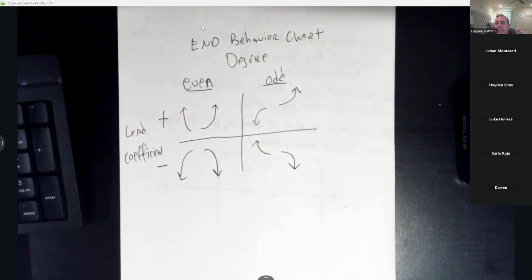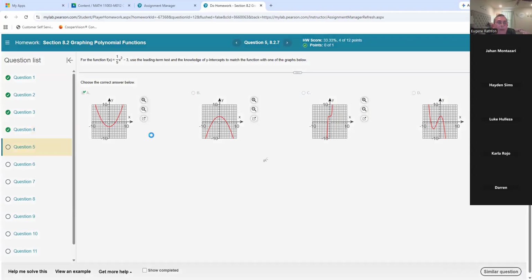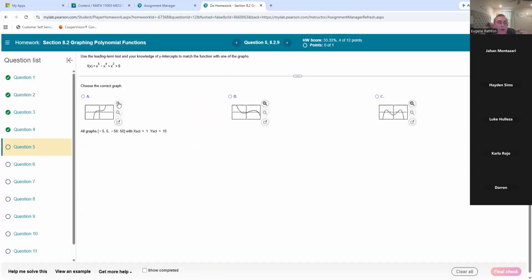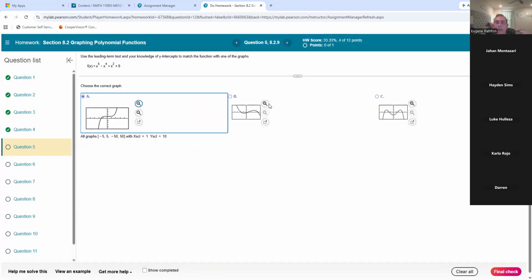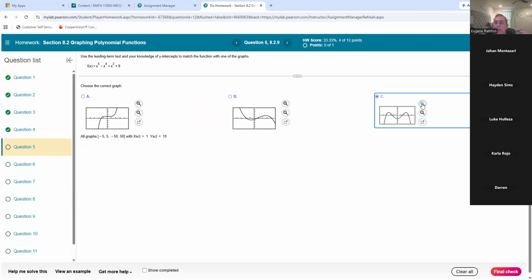All right, so here we go. So both ends went up on that. I will make these larger for you. All right, so A is going uphill left to right. B is going downhill. C, both ends are going down. You got an x to the 5th minus x to the 4th plus x squared plus 9.